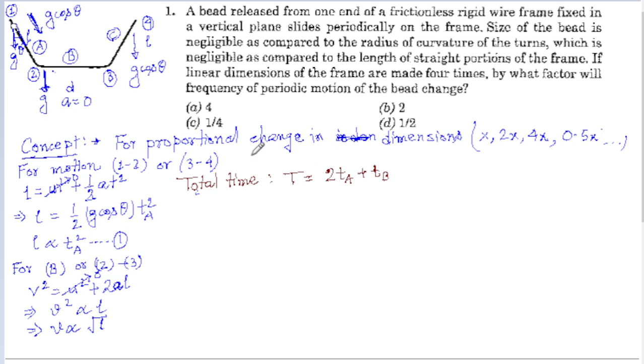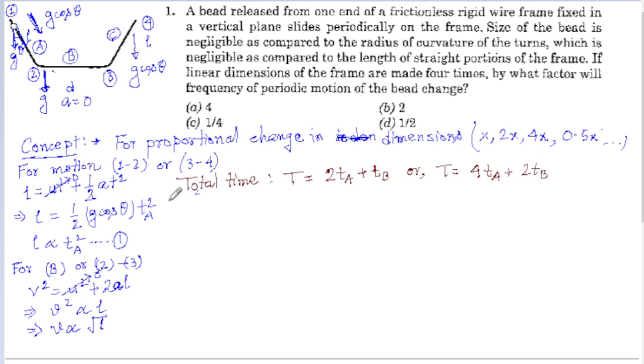This time is taken if the particle starts from point 1 and reaches point 4, and after that the motion stops. If the motion is repeated periodically, after reaching point number 4 it comes back to point number 3, then to point 2 and 1, so the reverse motion occurs. In that case the total time taken is t equal to 4 times TA plus 2 times TB.